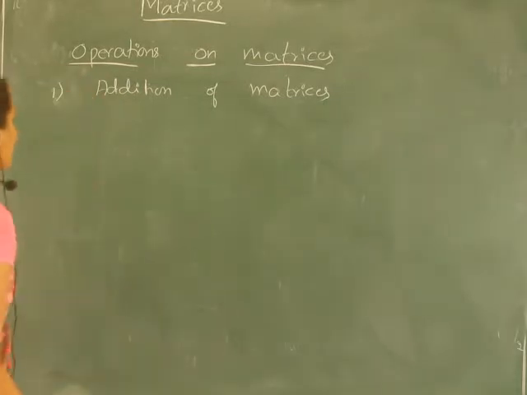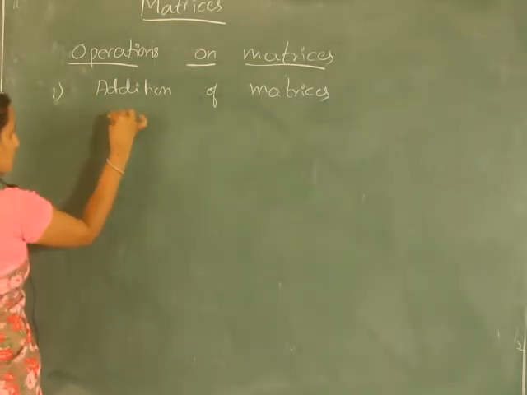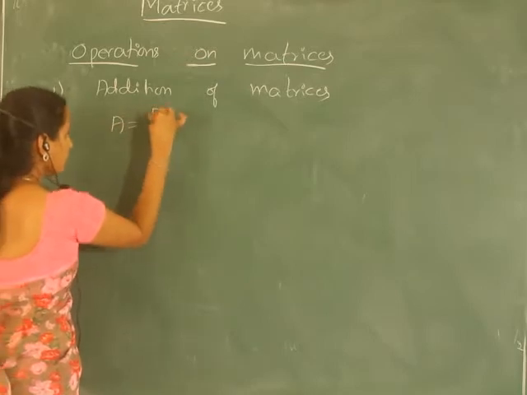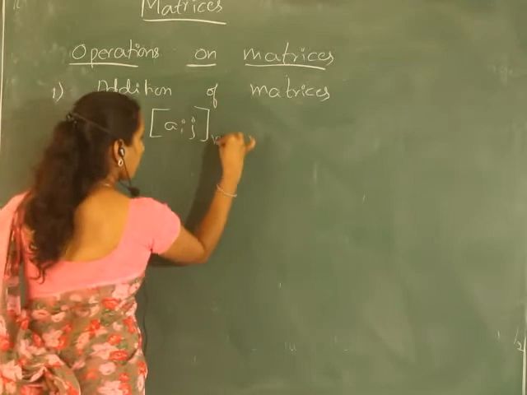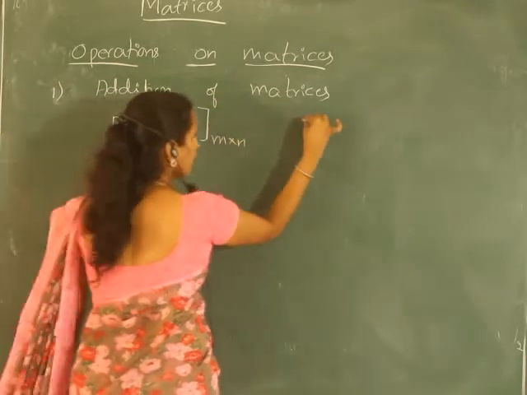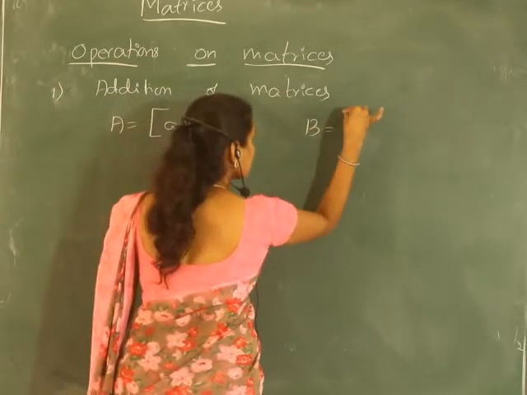So how to add? Consider two matrices: A is a matrix and B is one more matrix.